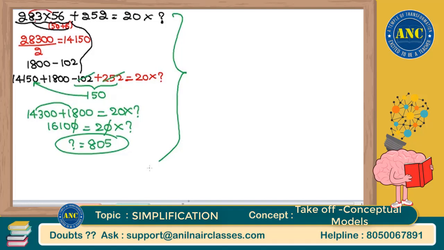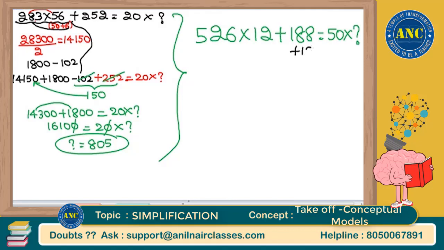There are 2 to 3 people who have doubt in my previous question. Previous question is 526 into 12 plus 188 is equal to 50 into question mark. First step, can you explain again, sir? I will make this a fancy number by adding 12, and subtract 12 for this particular number.